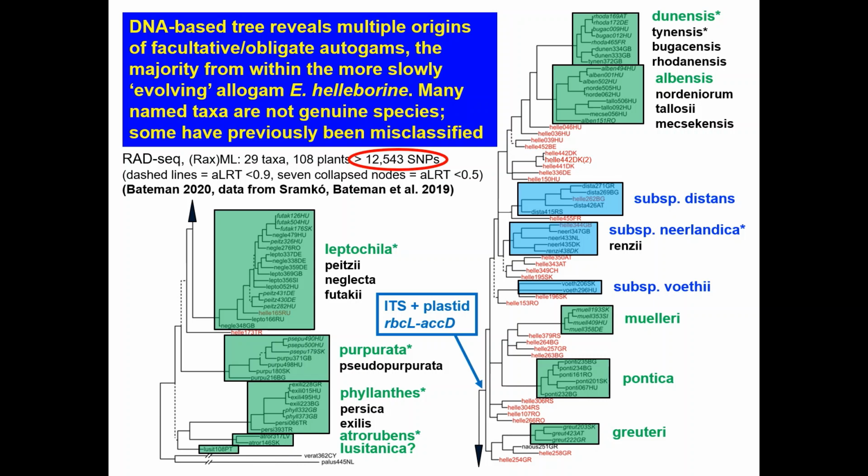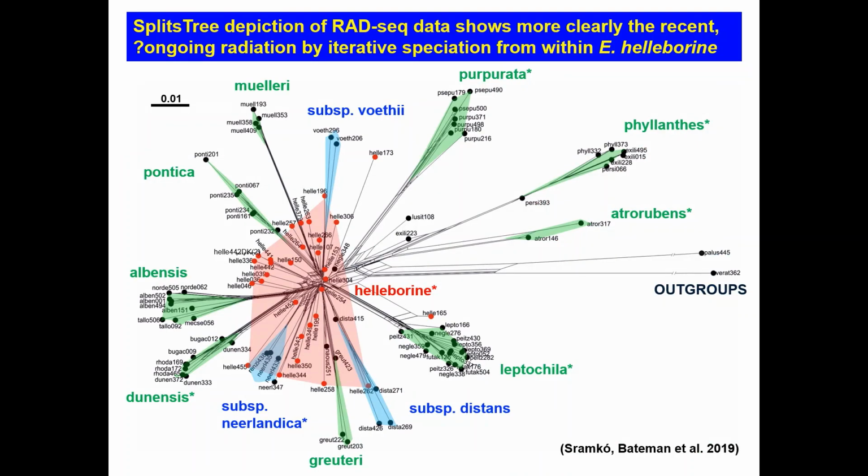And what that is telling us is that the majority of species within Epipactis originated from within the widespread broad-leaved Helleborine. So broad-leaved Helleborine is a widespread ancestral species that's giving rise to large numbers of often more localized descendant species. And that shows even more clearly if you look at evolution not from the side, but from the top.